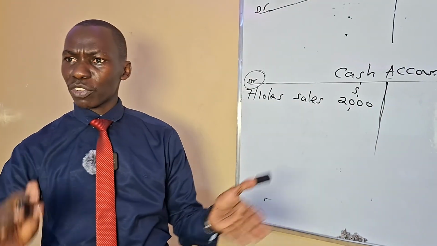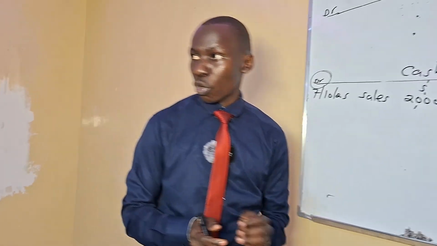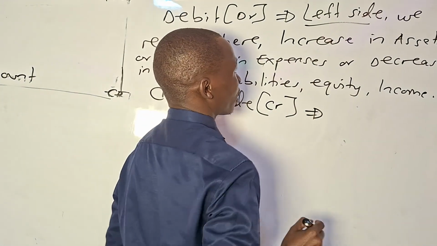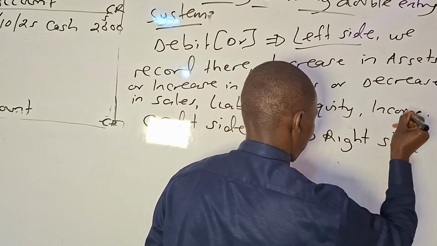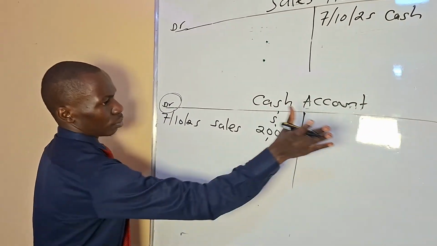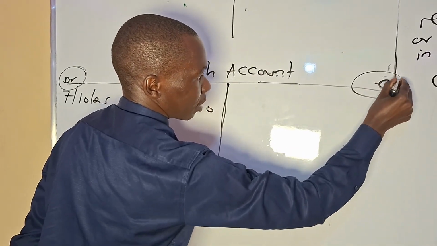We are going to use it right from now till the end. We shall not forget this. As we record this on the left side, this one is on the right side. That's why we recorded the CR on this side.